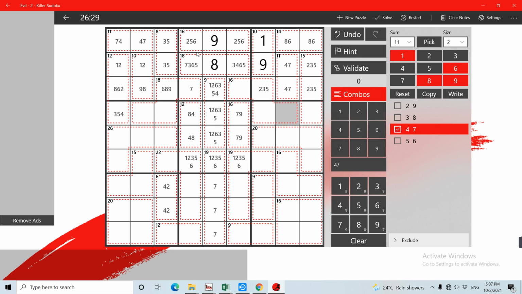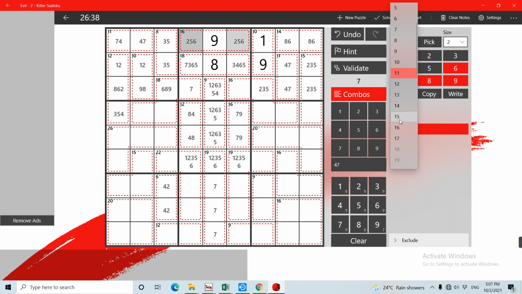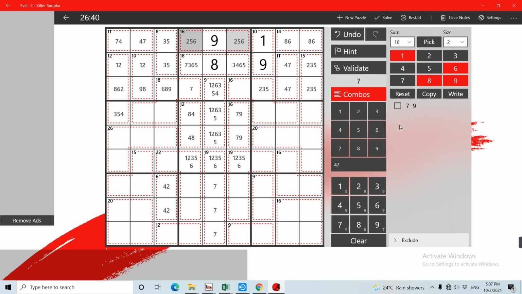Now what I want to consider here is, since we have a 9, do we need a 5 here? So 16, 9 plus 2, 11, 11 plus 5, 16. So which means I cannot have a 6 here. That means 2 and 5.